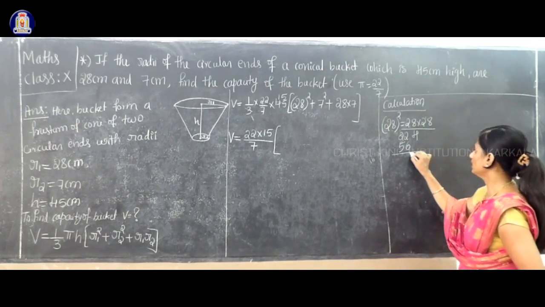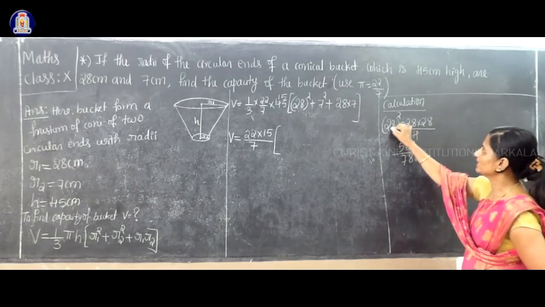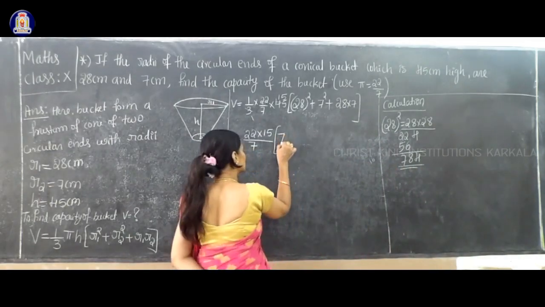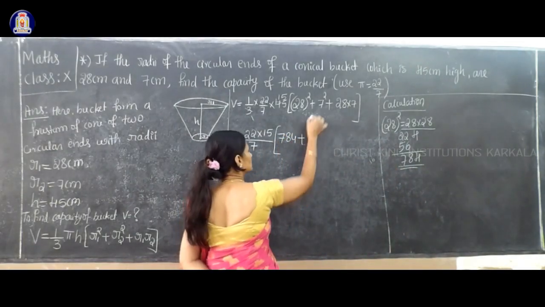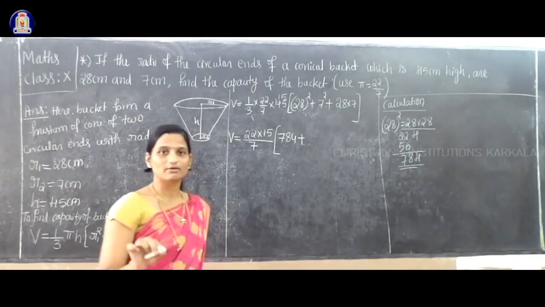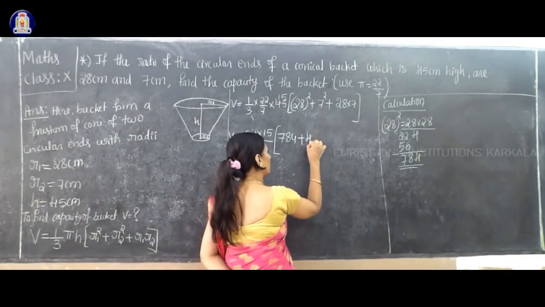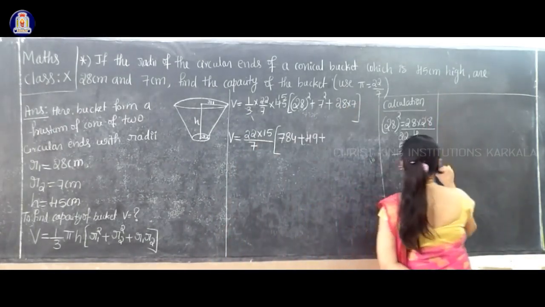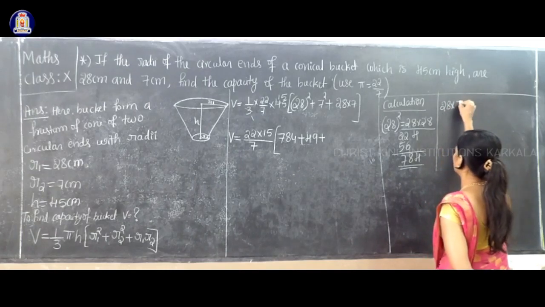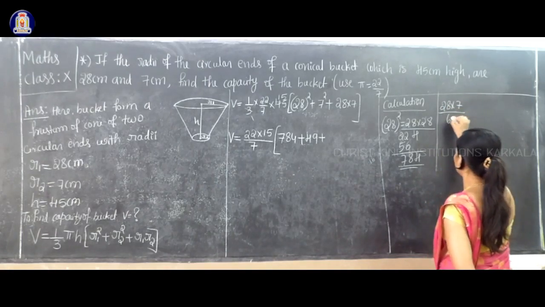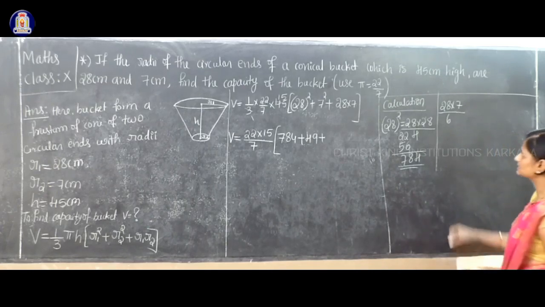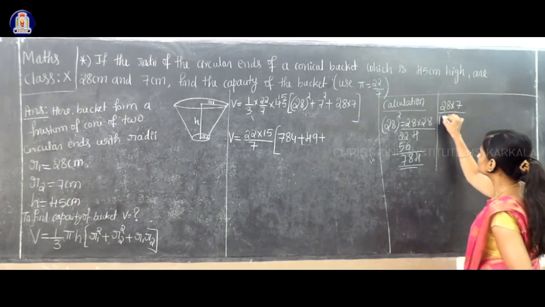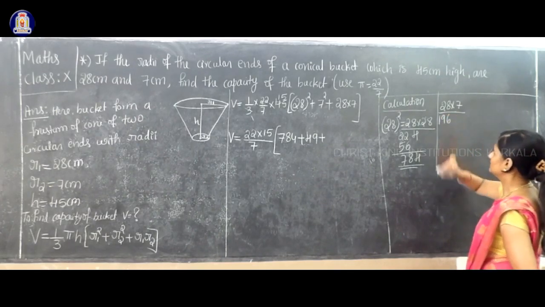So 28 square is equal to 784. 784 plus 7 square, 7 into 7 is 49, plus 28 into 7. 7 eights are 56, 5 remainder, 7 twos are 14, 14 plus 5 is 19. Is it right?